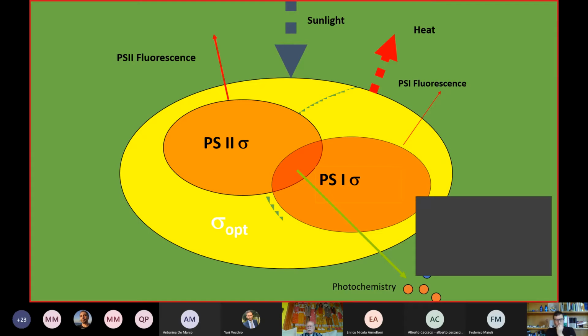If the system is not doing well, let's say a terrestrial plant that didn't get enough water, the losses will be massive, and they can really consume everything, and we are not talking about respiration. And then you have the partitioning between photosystem 1 and photosystem 2.